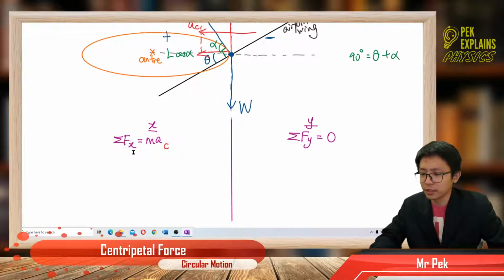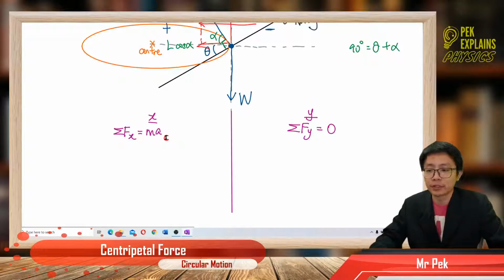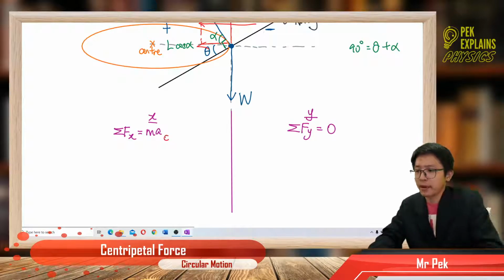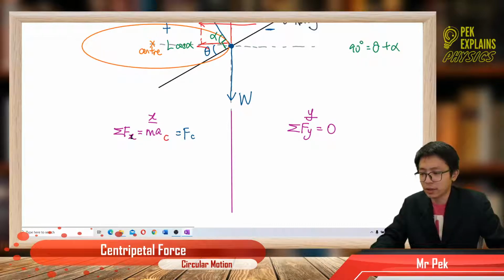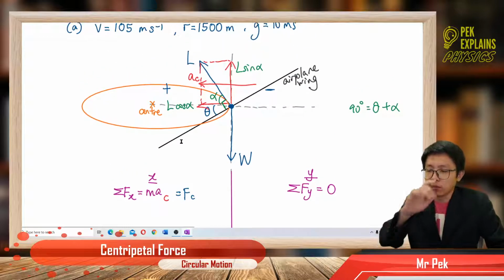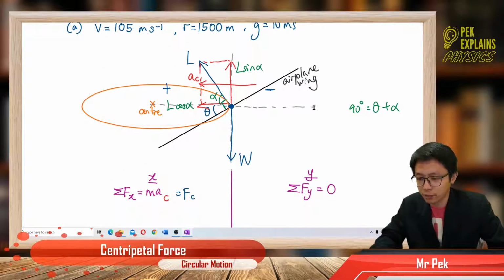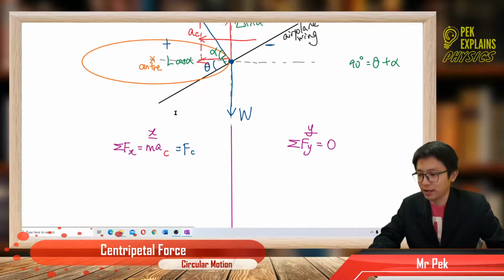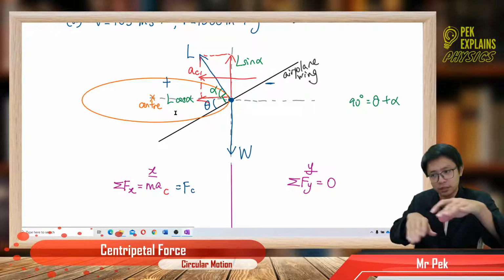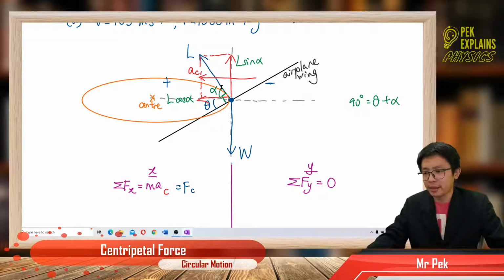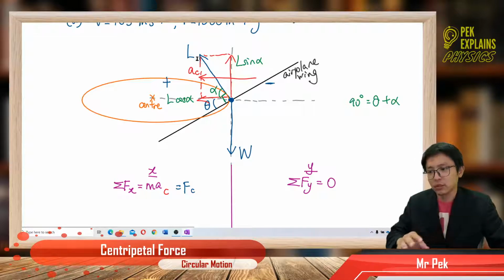For the x component we use ma because there is a resultant force. The resultant force is the centripetal force, equal to m a_c. Now, what force do we have in the x component? We only have one, L cos alpha. That's why the airplane needs to tilt. It needs to tilt, then the lifting force will also tilt to provide the L cos alpha.